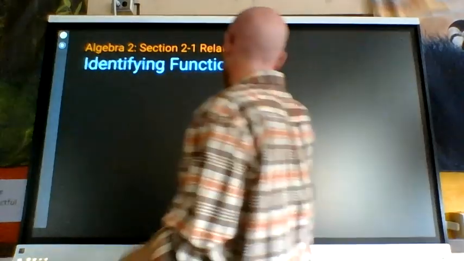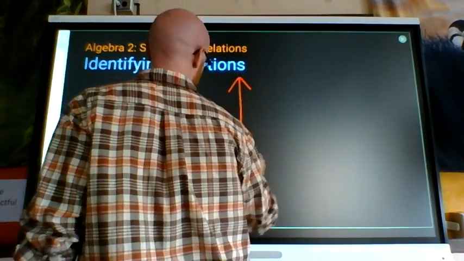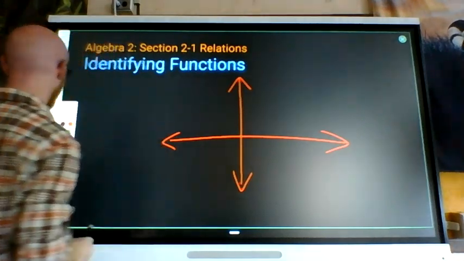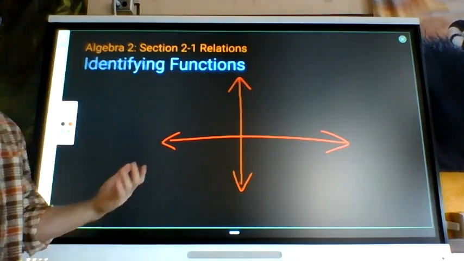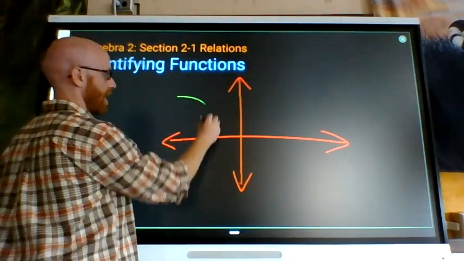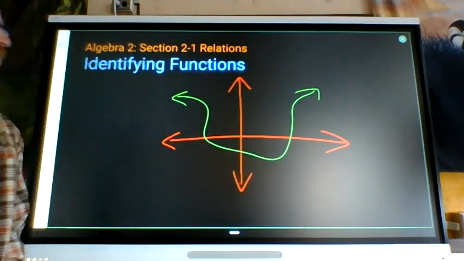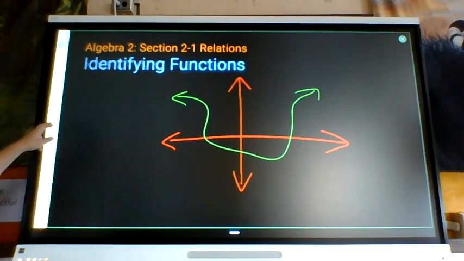On a coordinate plane, the question is, does each x value have exactly one y value? So what they usually use is called a vertical line test.